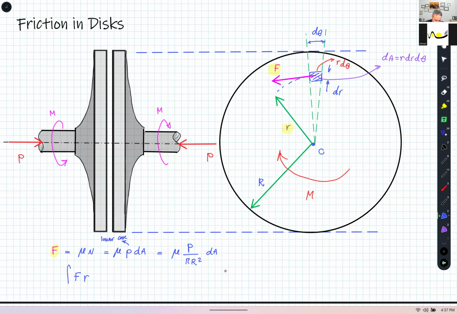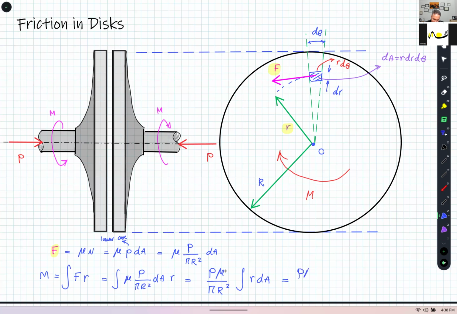And if I integrate all of these moments, the sum of them gives me M. So if I substitute F, which is mu P over pi r squared dA, multiplied by R, we can take out the constants. P is constant, mu is constant, and pi r squared. Then over here, I have R dA.